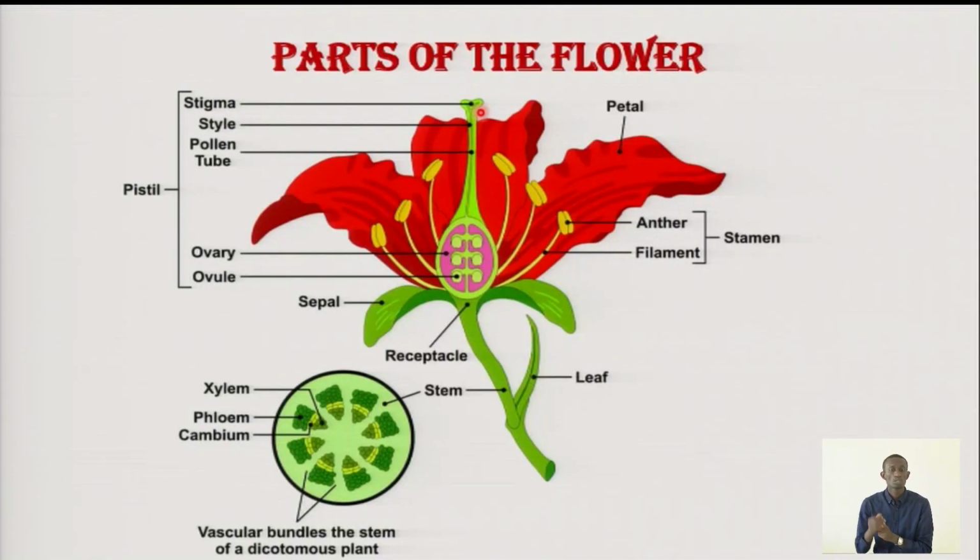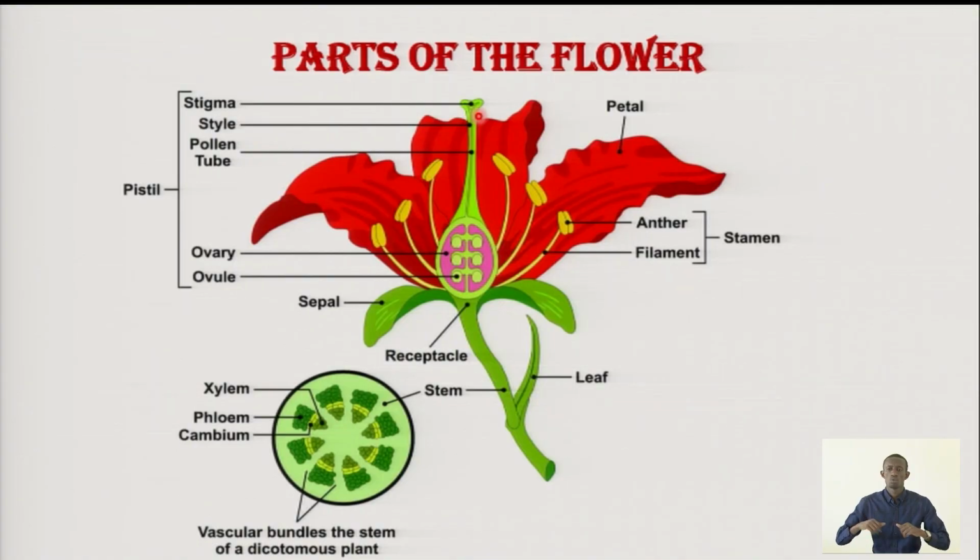This stigma has the sticky substance and is very important in receiving pollen grains. Then this style, you can see it's slender-like and thread, and that means it holds the stigma in proper position so that this stigma can be exposed.